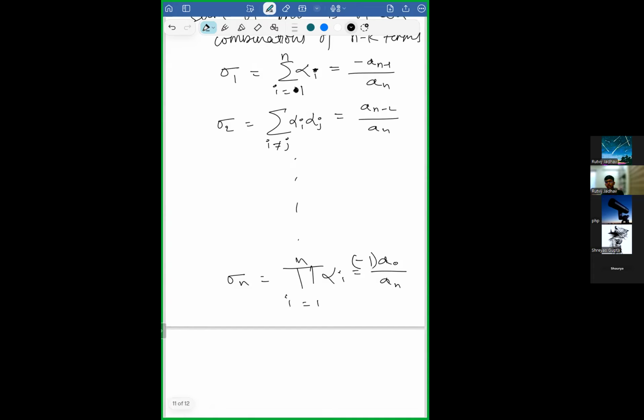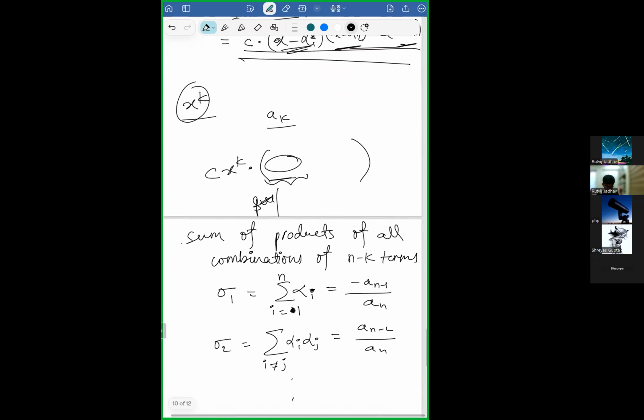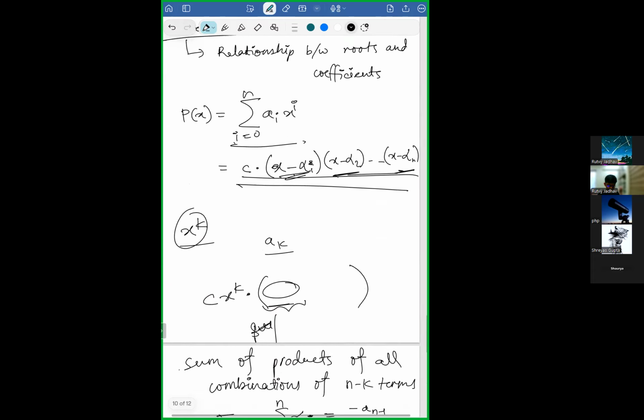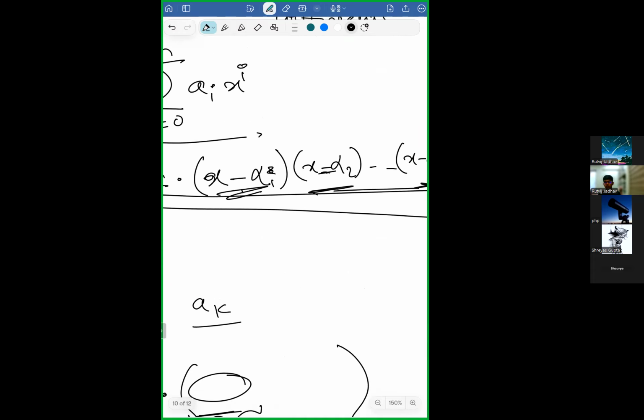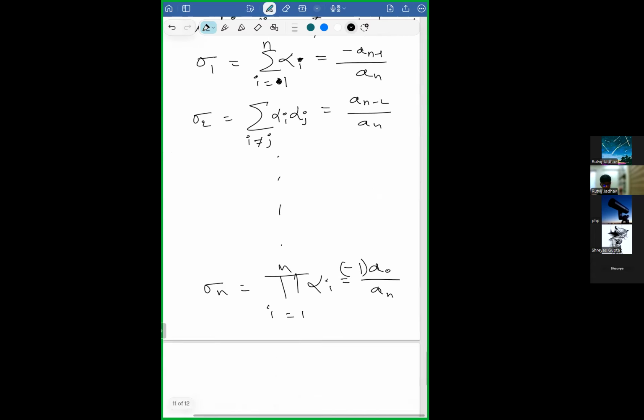In the sigma nth term, there would be something in the power of minus one. Could you tell me what that would be? So if you see, the minus term here is alternating. That is happening because in the roots we have a negative sign, right? So when we took x raised to k terms, then we multiplied the remaining n minus k terms. So that would have had a minus 1 raised to n minus k with them. So here we have sigma n.